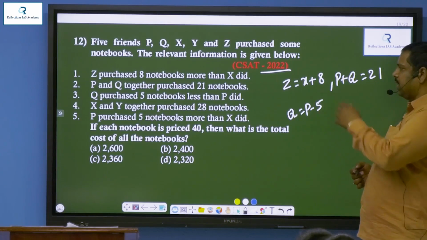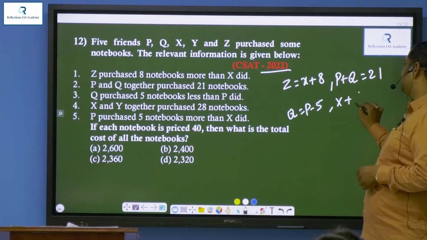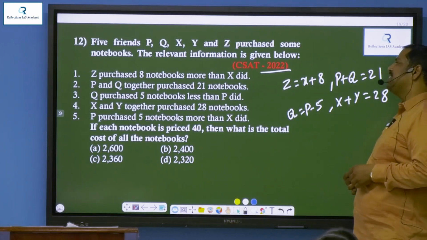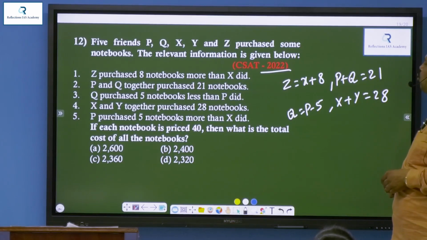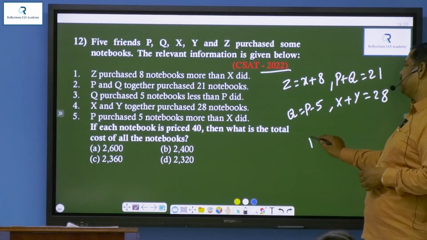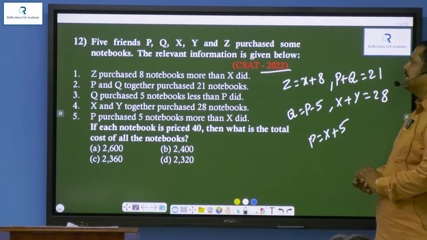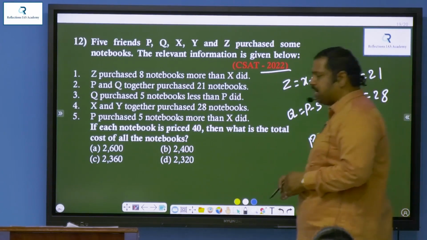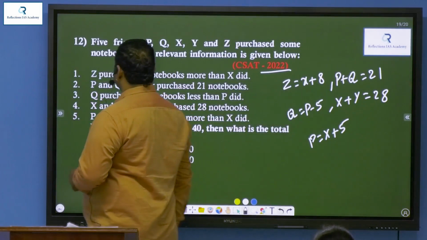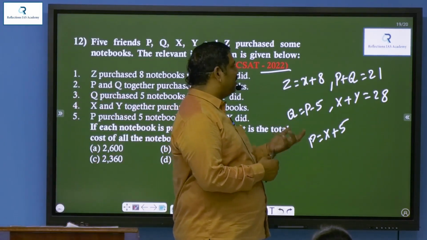Right. Next one. X and Y together purchased 28 notebooks. X plus Y is equal to 28. Next one. P purchased 5 notebooks more than X. Okay. P is X plus 5. Suppose if I know how many books each member purchased, the game is over, right or wrong? Okay. So wherever you have some common ones, I will take it.